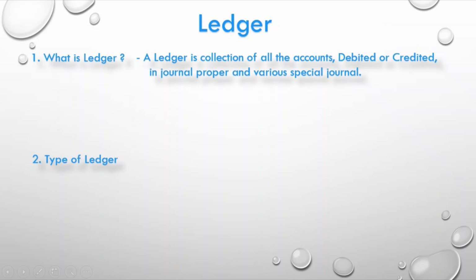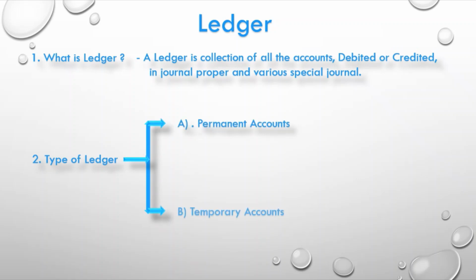Now the types of ledger. While preparing a ledger, we must understand that two kinds of ledgers exist. The first one is the permanent account and the second one is the temporary account. Permanent accounts are the ledgers that carry balances from one year to another year, and temporary accounts are the ledgers which close their balances or books when closing the financial year.